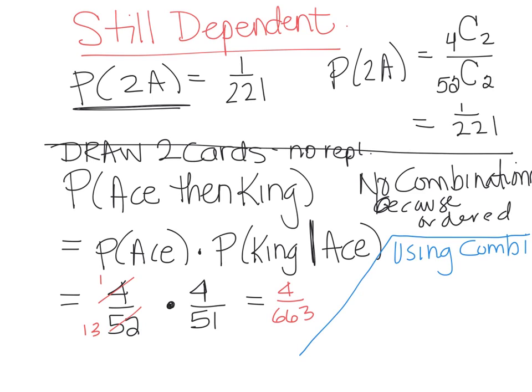It's going to be, how many ways to choose the one ace out of the 4 aces available times the number of ways to choose the one king times the 4 available divided by the number of ways to choose 2 cards from the 52 cards available, which is just 4 times 4 over this 52 times 51.